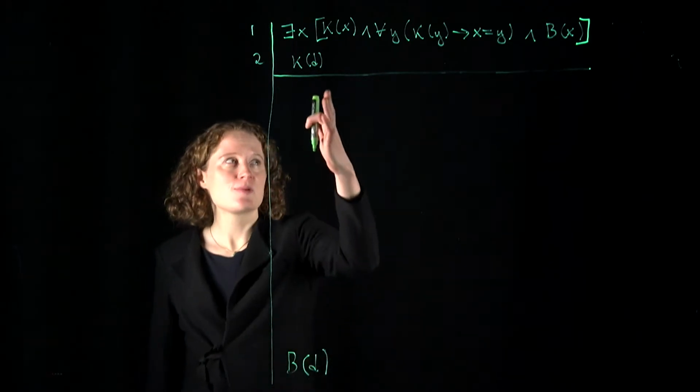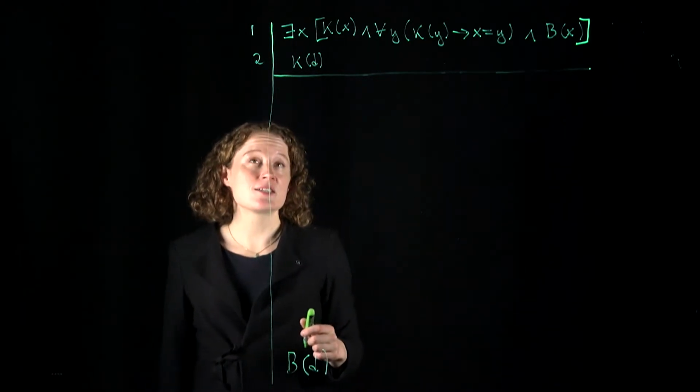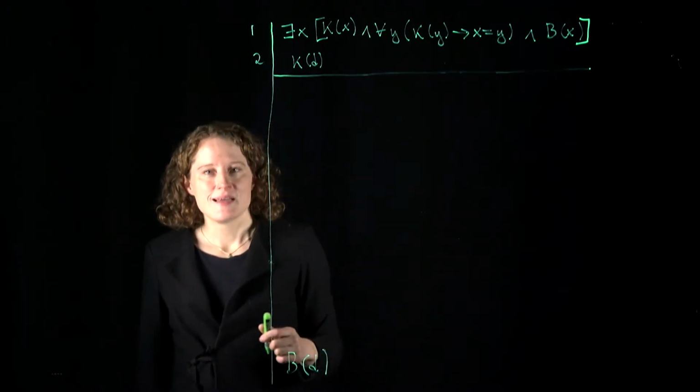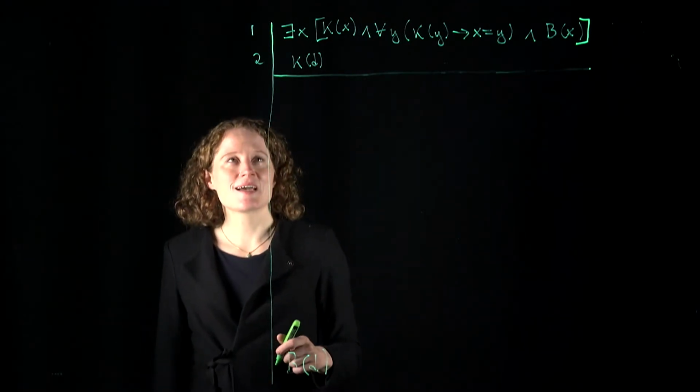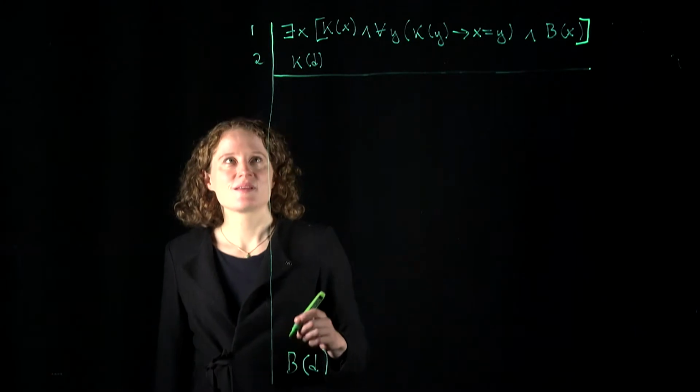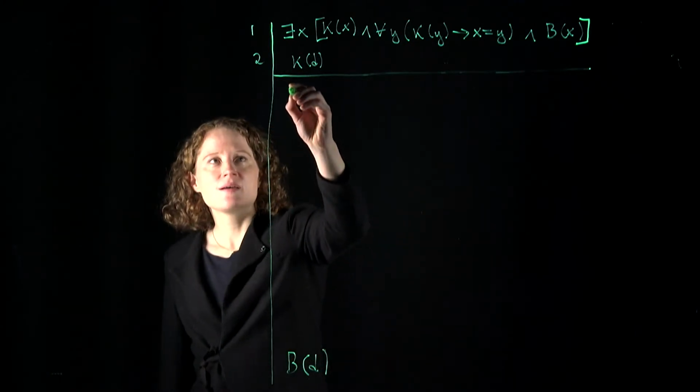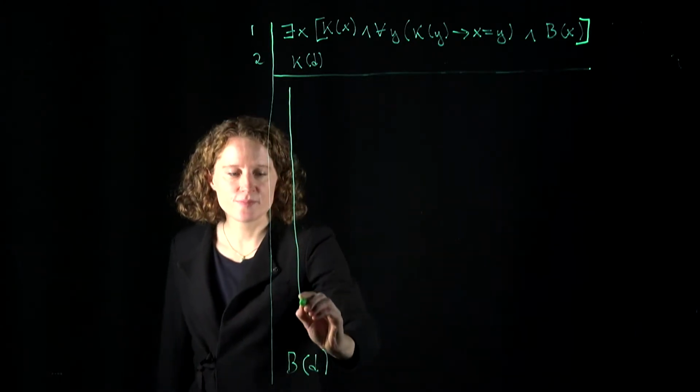So our first premise is an existentially quantified sentence, and I'm going to try to prove my conclusion here using existential elimination. Now, how does that work? I set up a subproof.